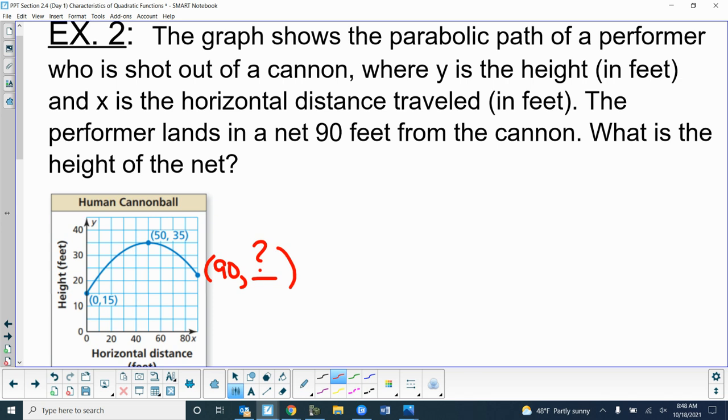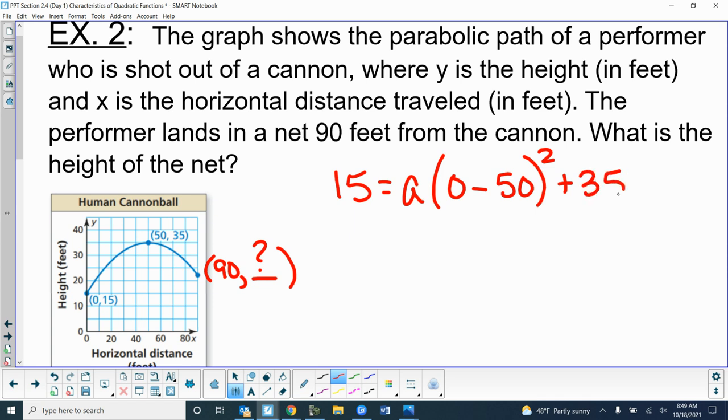Okay? So y, 15, equals a, that's what we're looking for, times (x, 0, the point we're using, minus h, 50) squared, plus k, 35.